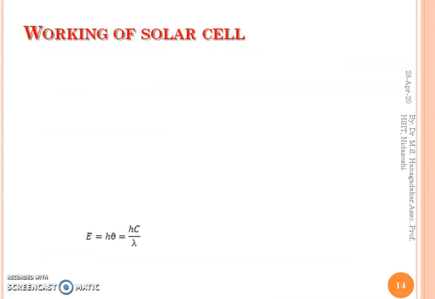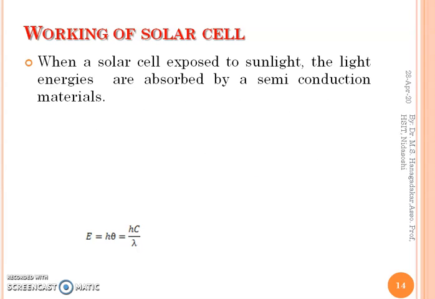Now let us begin with the working of the photovoltaic cell, how it is able to generate electric power. Let us discuss it in detail. When light is incident on the semiconducting material, it may pass into the body of the PV cell or may be reflected back before entering.